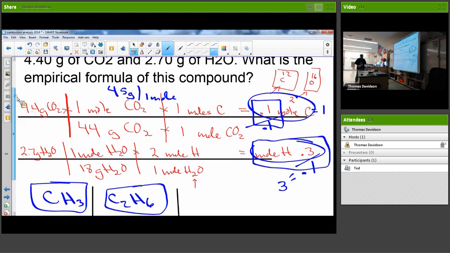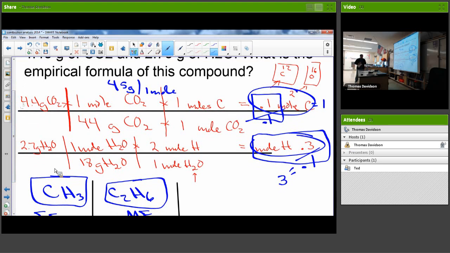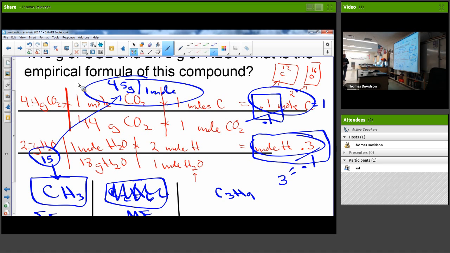So then you would look and you'd say, what's the molar mass of this thing? 12 plus 3 is 15, right? Then you just have to say, what do I have to do to make 15 equal 45? Multiply it by 3. So we would say the molecular formula must be C3H9. We'll get there also. I know this is a lot of stuff, but the last little part, that's not too bad.